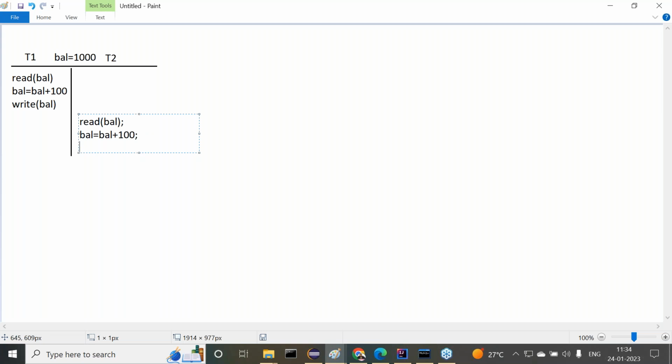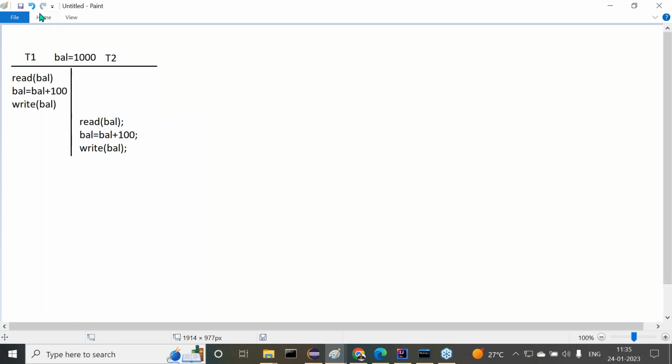Then after completion of this, the T2 transaction performs write of bal. Now observe carefully: the T2 transaction is not performing any commit operation yet.